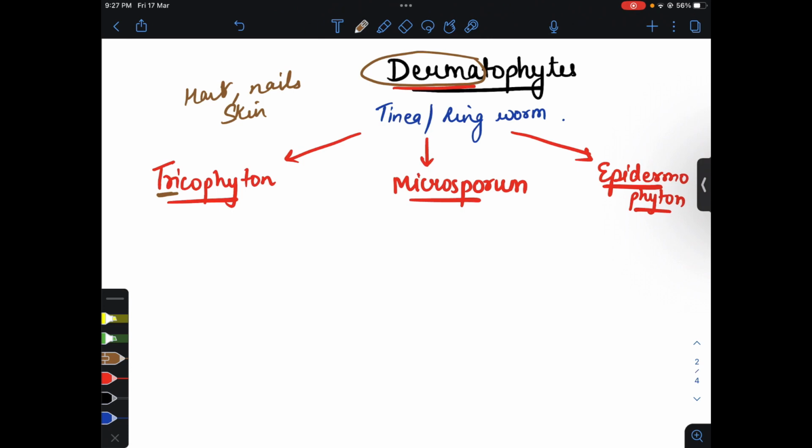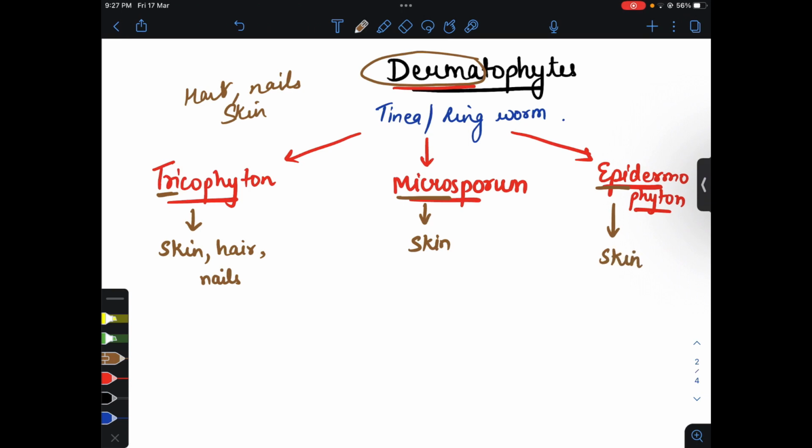If all 3 parts are involved, hair, nails and skin, then it is trichophyton. So trichophyton involves skin, hair and also the nails. In all these 3 conditions, first you have to remember that skin is involved.